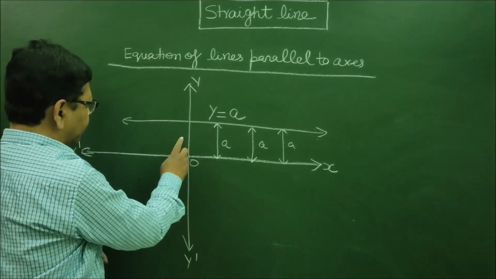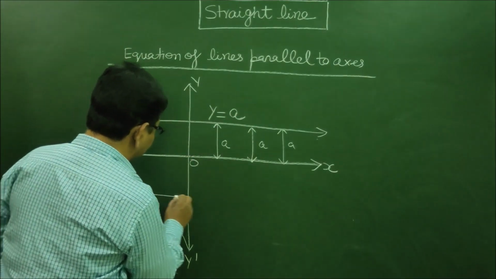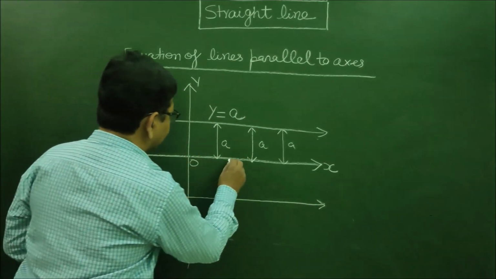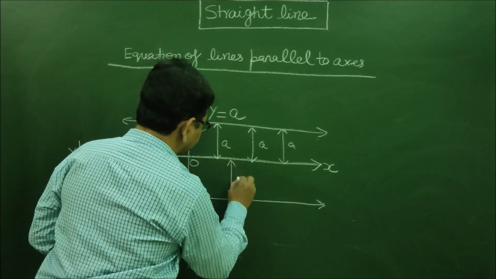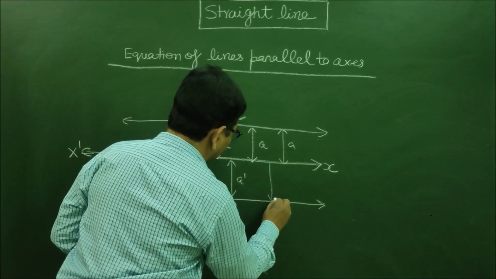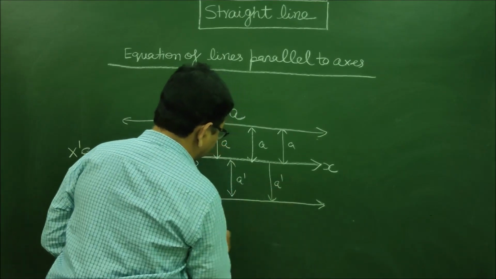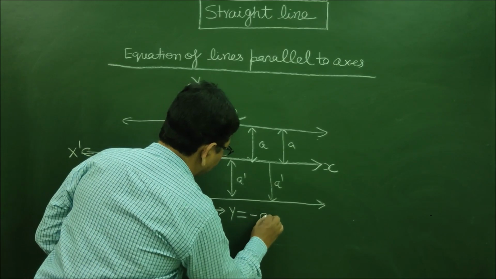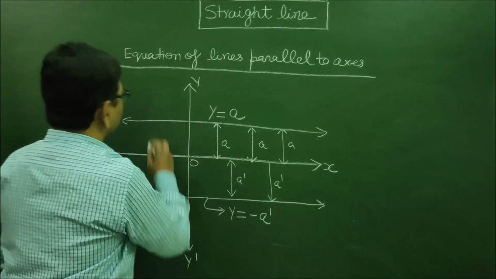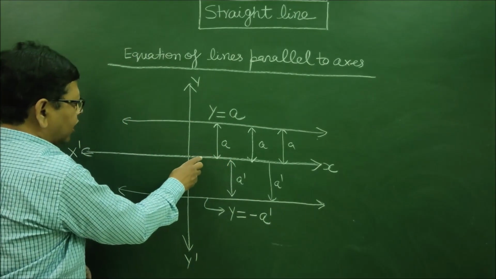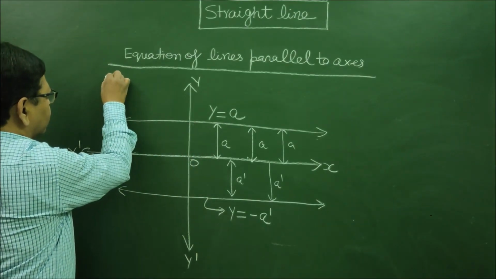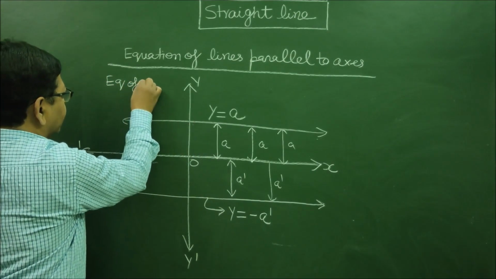Similarly, if the line is parallel to x-axis and it is on the negative side at a distance a dash below the origin, then the equation of the line is y is equal to minus a dash. So if the line is on the positive side at distance a, then the equation of line is y is equal to a.